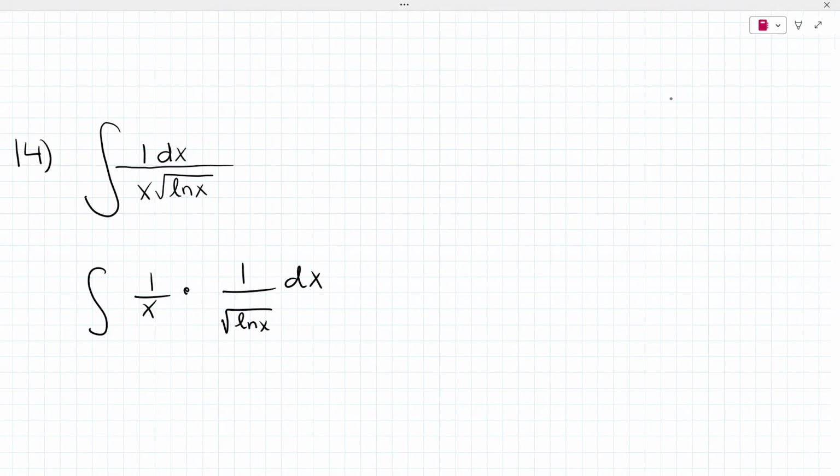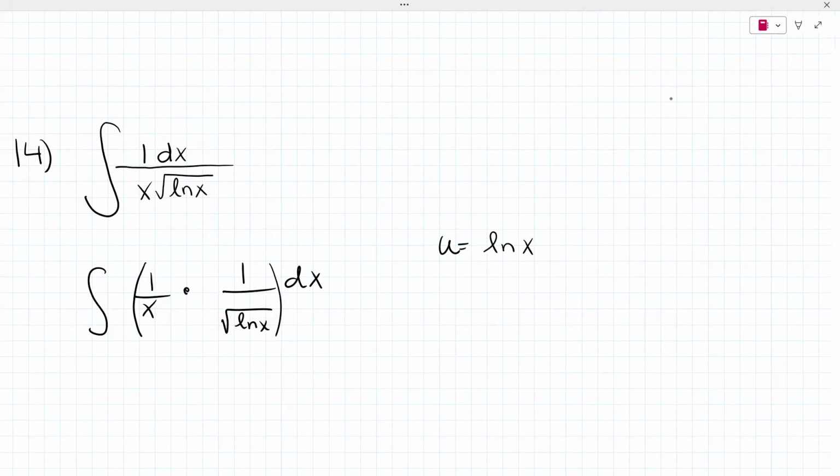Right, so that's what I did. I rewrote this. And now we may use u substitution. What do you think the most appropriate u substitution would be? I don't think it's going to be 1 over x, but I think our u should be just regular ln of x.